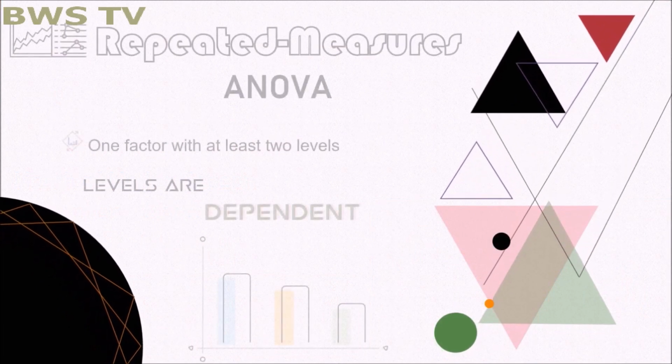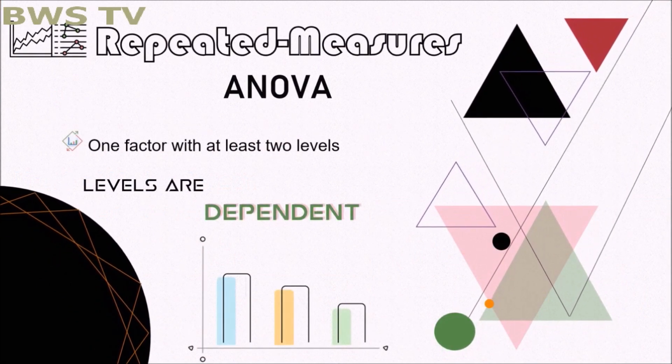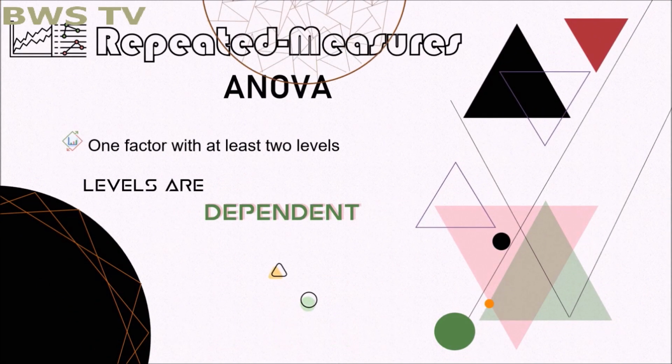Second is repeated measures ANOVA. It is one factor with at least 2 levels, and levels are dependent.